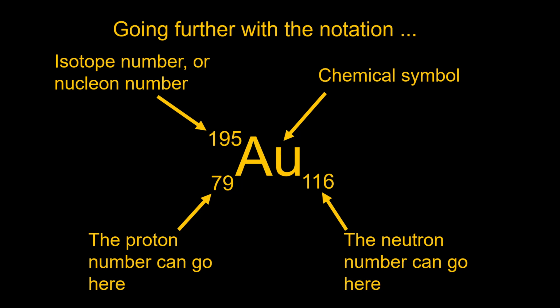We're not going to have to deal with things all that complicated because we're only going to be considering two isotopes of hydrogen and two isotopes of helium. And so let's have a look at those. The first one is hydrogen 1. This is the isotope of hydrogen that has a single nucleon.